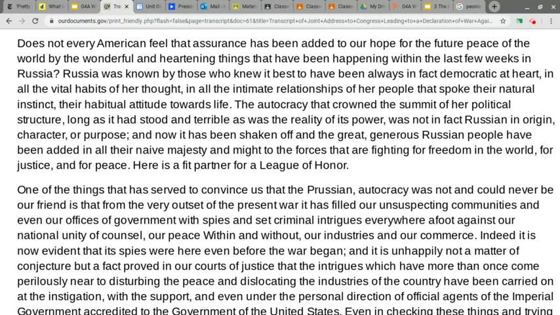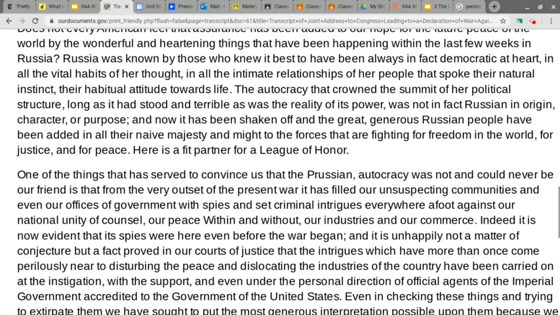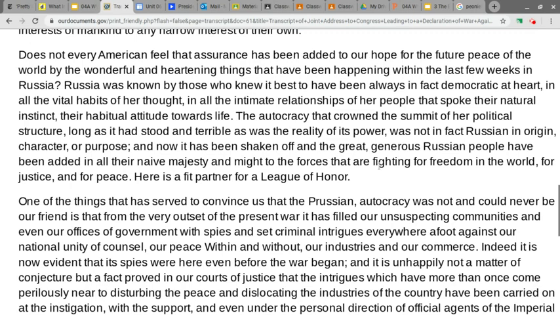And now it has been shaken off, and the great, generous Russian people have been added in all their naive majesty and might to the forces that are fighting for freedom in the world, for justice and for peace. Here is a fit partner for a League of Honor.